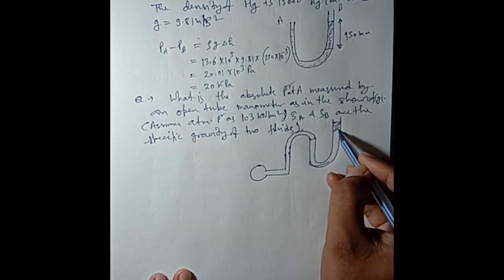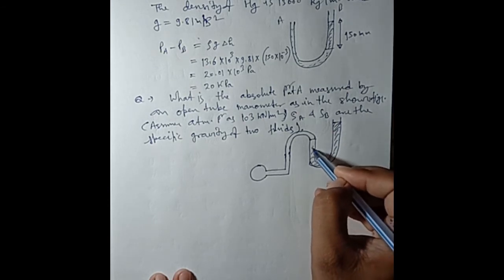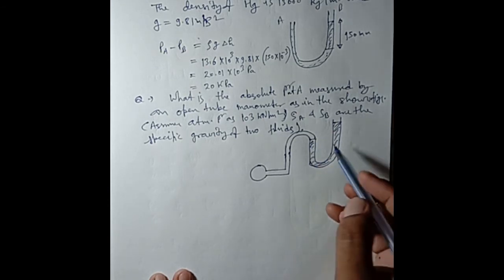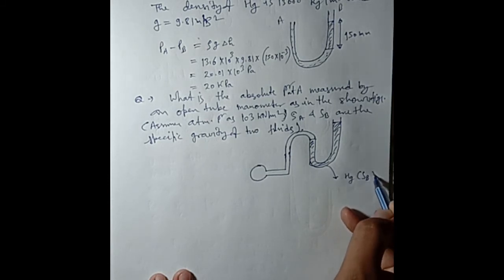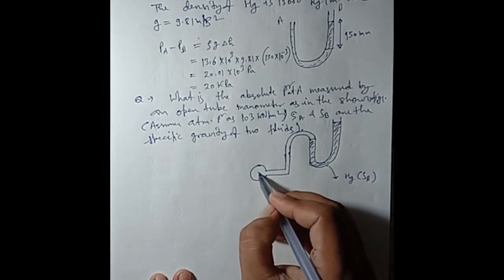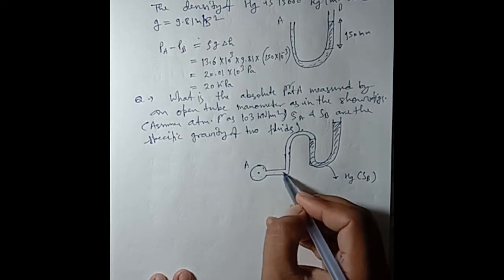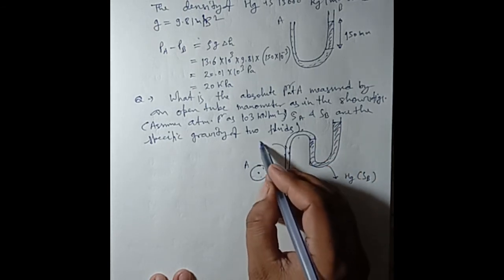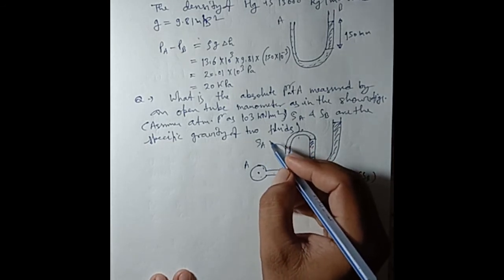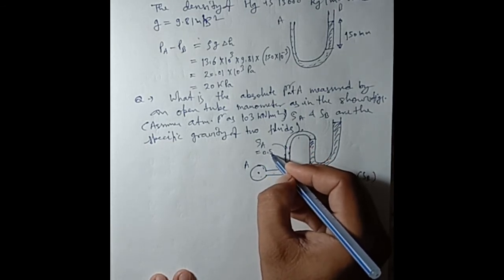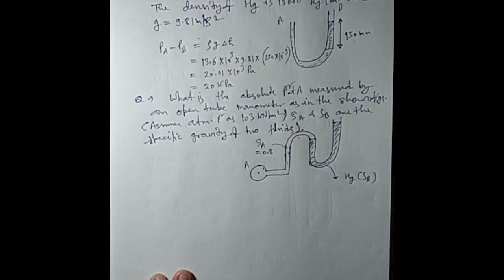Up to this height, specific gravity, that is the mercury, Hg, SB, and point A, SA, given as 0.8, and SB is given as 13.6.